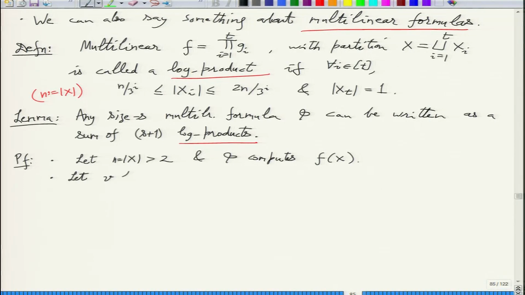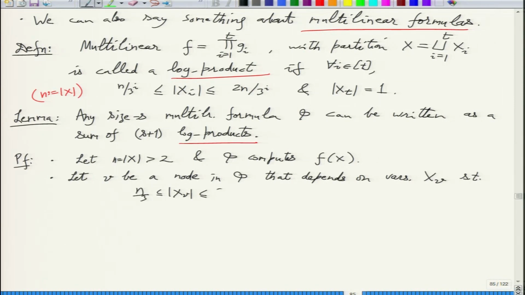So let V be a node in phi that depends on variable subset xv such that the size of xv is between n by 3 and 2n by 3.